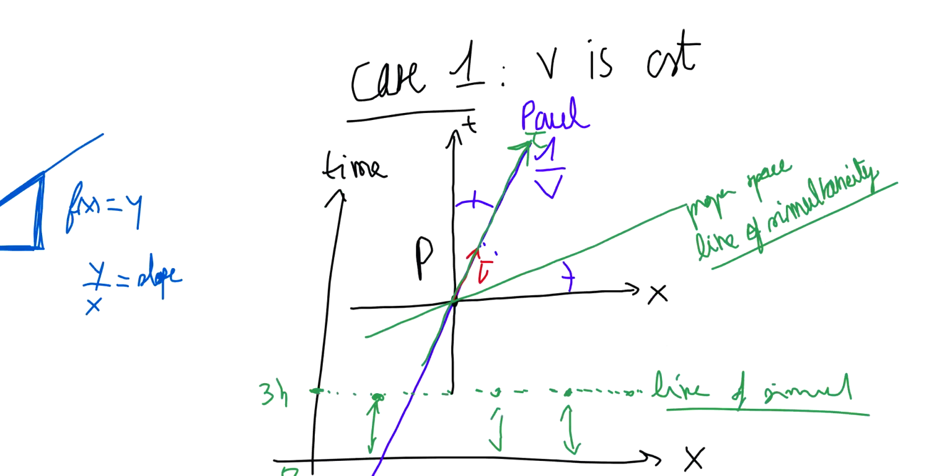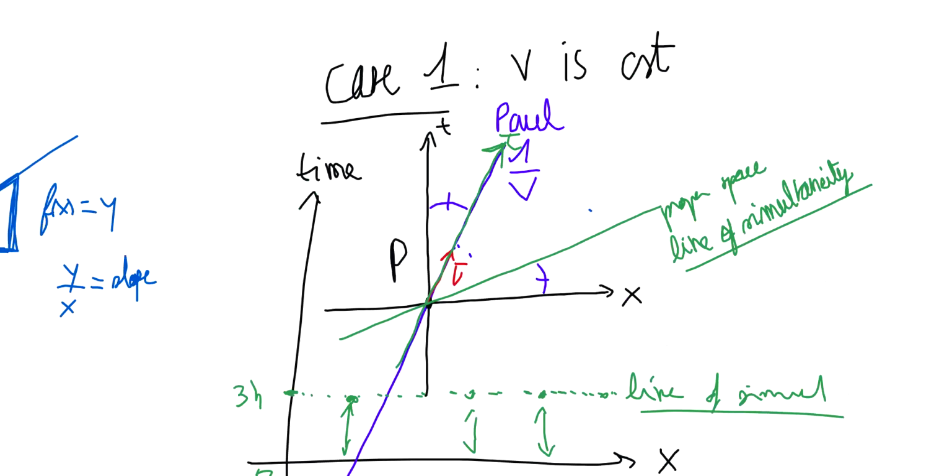And here the slope of the line of simultaneity is v because it's the inverse of this slope. But if I project the delta tau axis here, I can say that it's also this distance delta x divided by this delta tau.